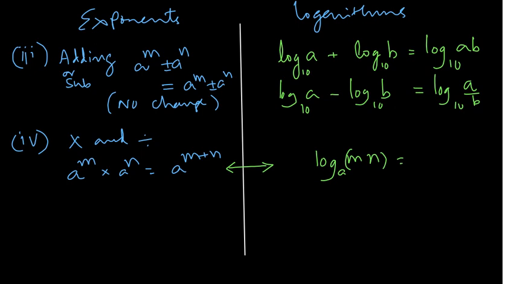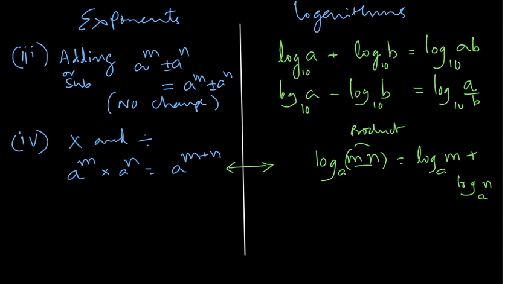So mn is multiplied. This is a product. So you will have log m to the base a plus log n to the base a. This is an equivalent thing here. So this is coming from here only, log a to the power of m plus n, and that's why this is coming like that. Okay, log mn is log m plus log n.